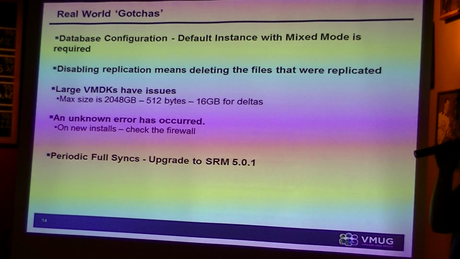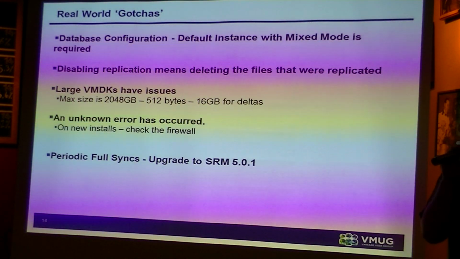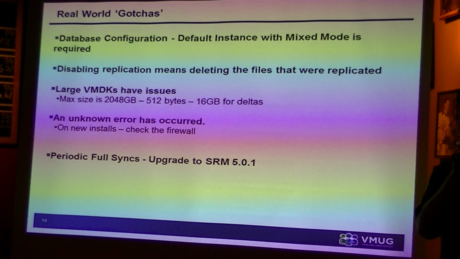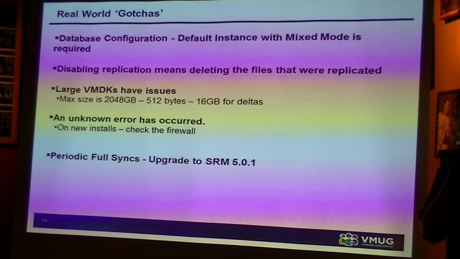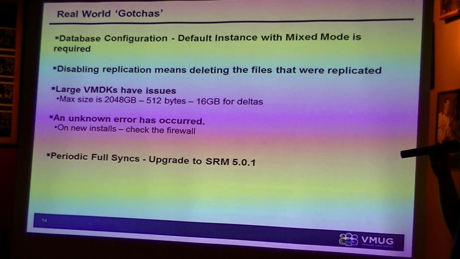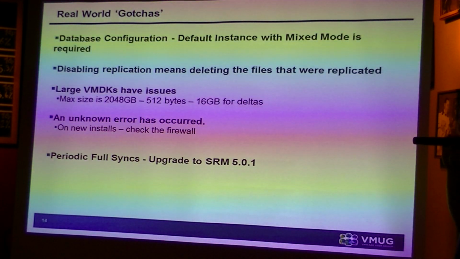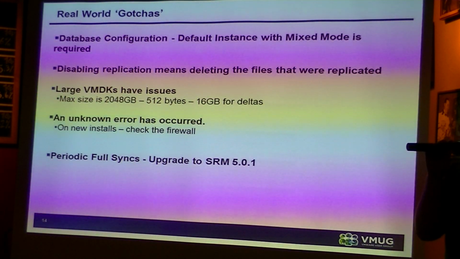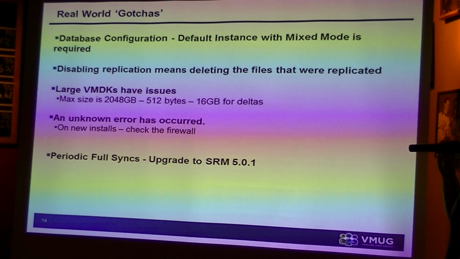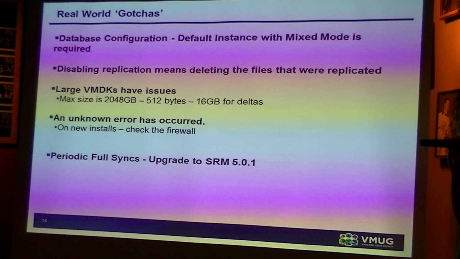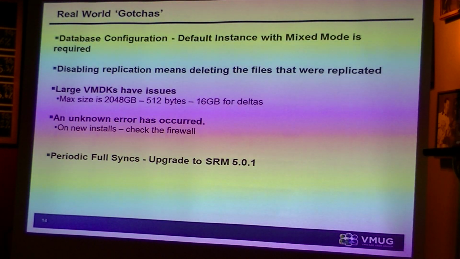So if you have your volumes at a large size, such as what we had, we were using 2040s. So we had 2040 gigs of VMDKs per our file servers. That did not work. It would error out after the first sync. So that was not fun as well. I got to put in a bug report for that, so that was kind of cool.